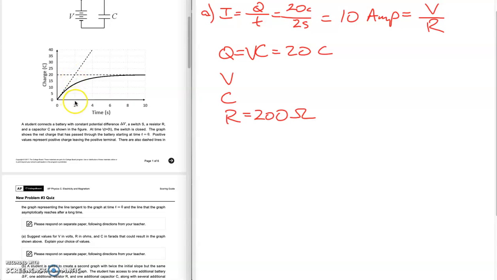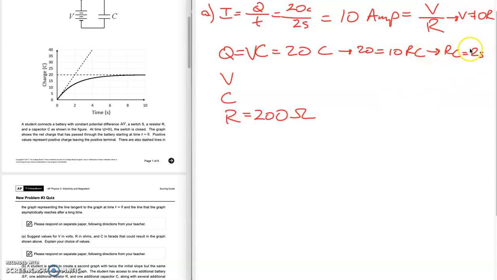this also indicates that our time constant should be 2 seconds. And we can get that by combining these two equations. So 10 amps is V over R, and then if we rearrange this so that V is 10R, and then we plug that into here, we're going to have 20 equals 10 RC, so then RC equals 2 seconds.